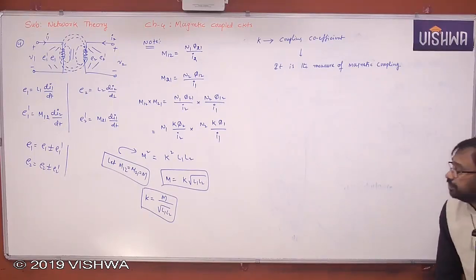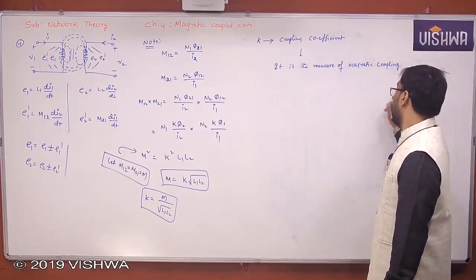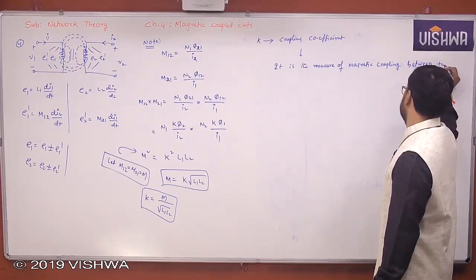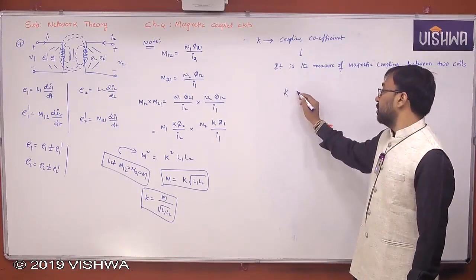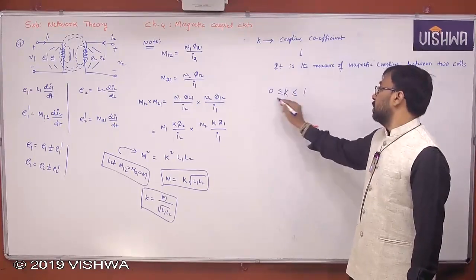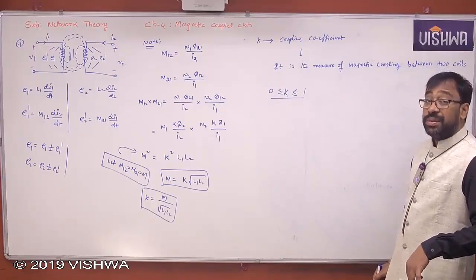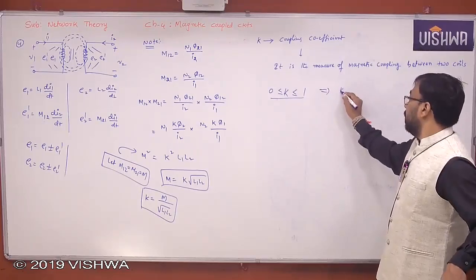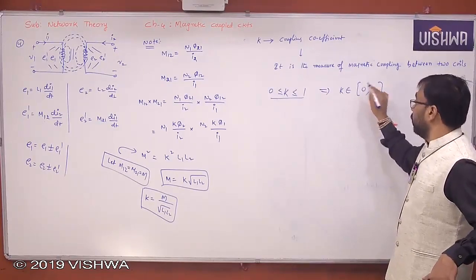What is K? Coupling coefficient. It is a measure of magnetic coupling between two coils, right? Definitely magnetic coupling between two coils. And the K range is how much? Always between 0 to 1. Understand all of you? Okay, always between 0 to 1. That means K always belongs to [0, 1], including 0 and 1.